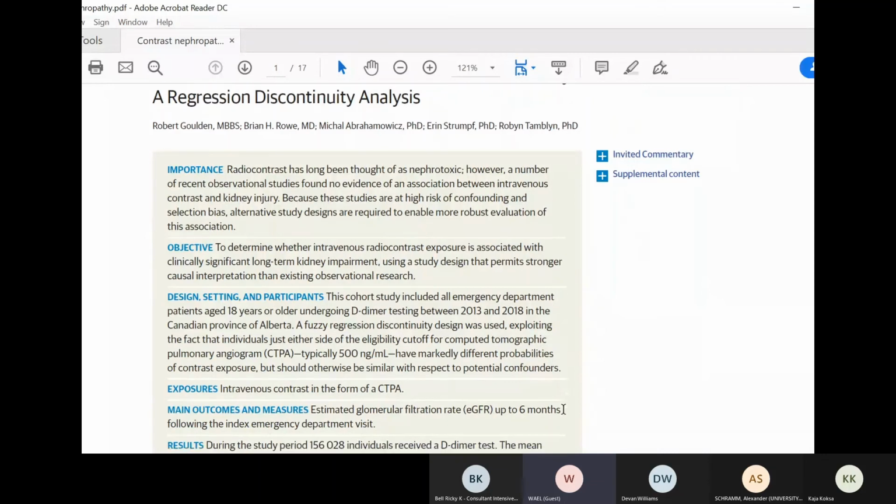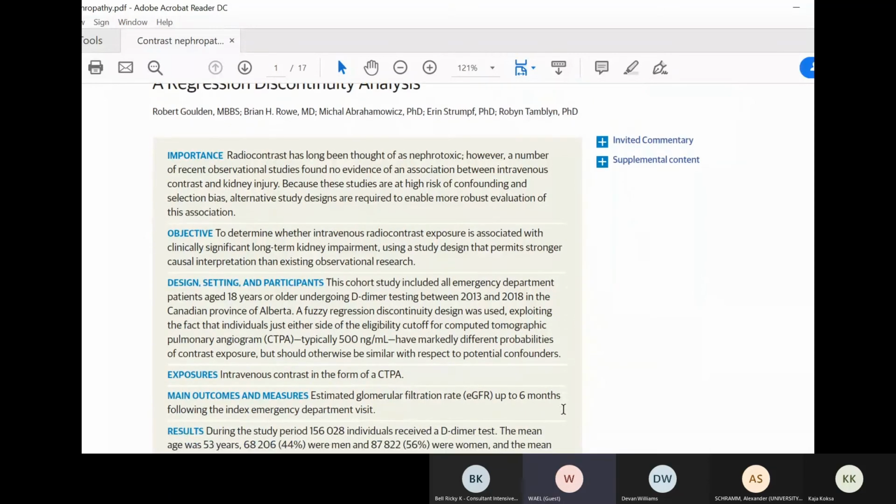It is designed as a cohort study of about 156,000 patients aged above 18 that presented to the emergency department during this time with symptoms suggestive of pulmonary embolism and went through D-dimer, where D-dimer was taken as the variable with a cutoff point which determines if the patient will go for radio contrast or not.